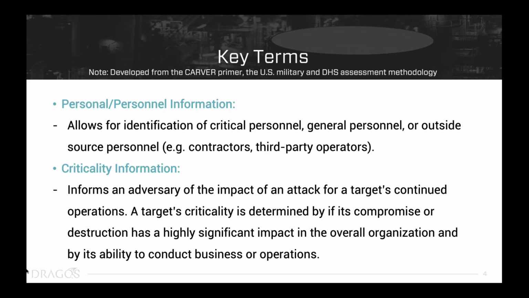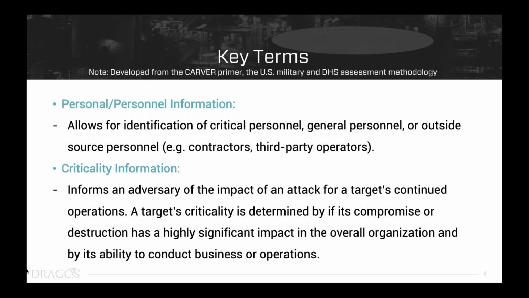To talk about what we define as these key terms, you have personal and personnel information. This allows for identification of critical personnel, general personnel, or outside source personnel. That could be your contractors, third-party operators, essentially individuals that might be useful for an adversary to know about and potentially use for things like targeting for phishing operations.